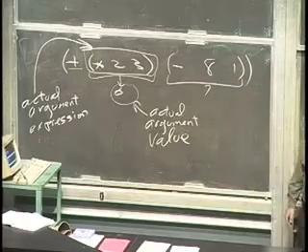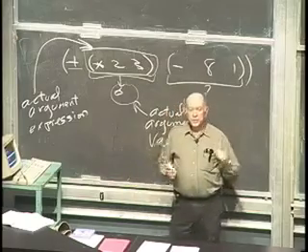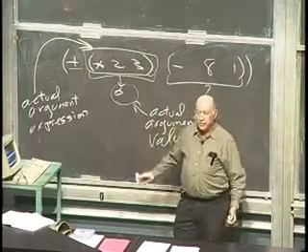Makes sense, right? Okay, so first compute the sub-expressions, then call the procedure with the actual argument values.